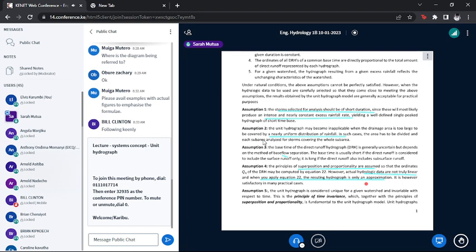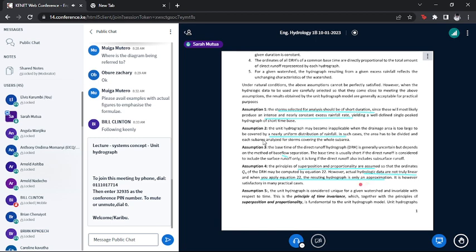It's not a completely true representation, but an approximation. And because of that, we usually use observed data to try and calibrate our models.